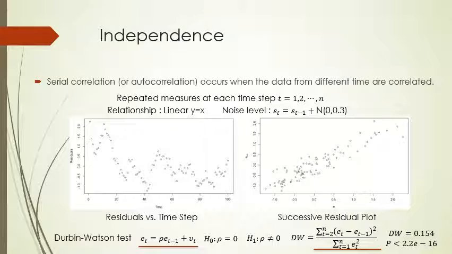In this example, the test statistic dW is 0.154 and a very small p-value close to 0, indicating a very strong first-order serial correlation.